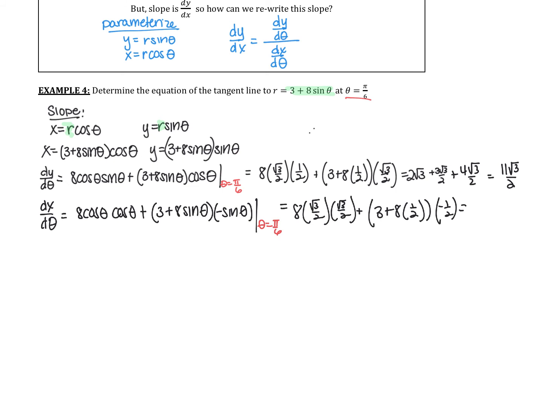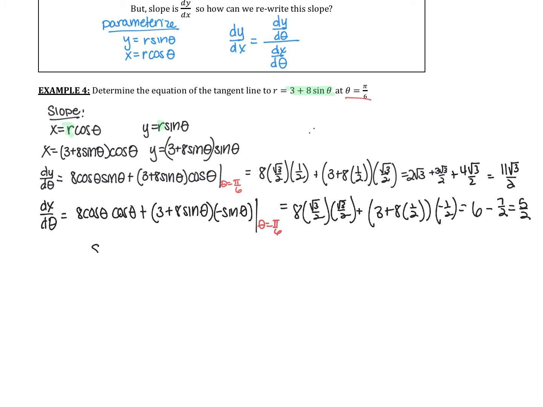So this first expression is going to give me 6, because we'd have 3 times 8, which is 24, divided by 4, which is 6. And this next one is going to give me negative 7/2, which gives me 5/2.